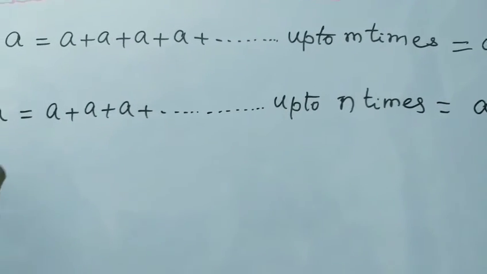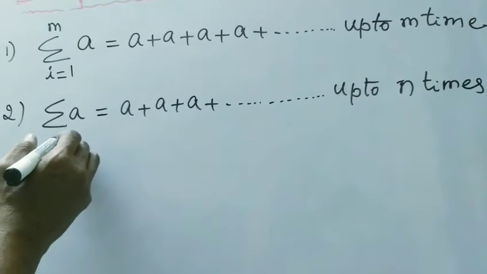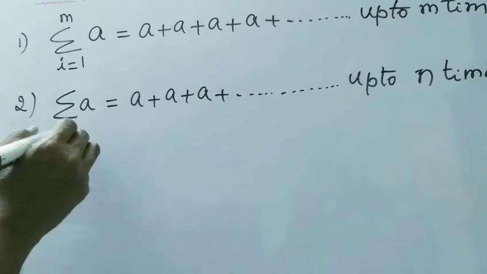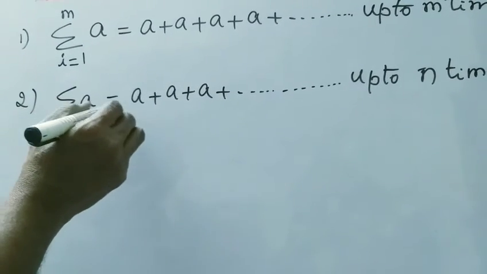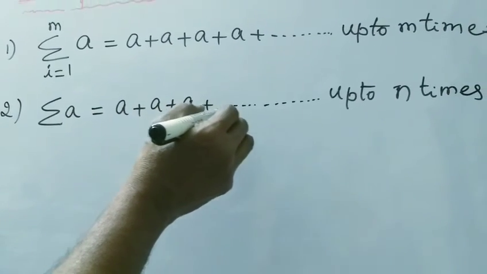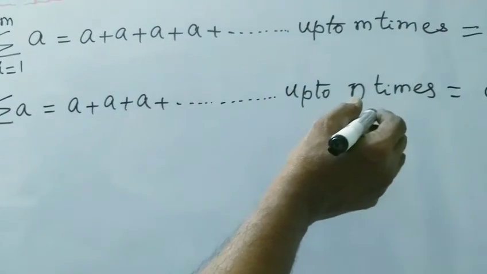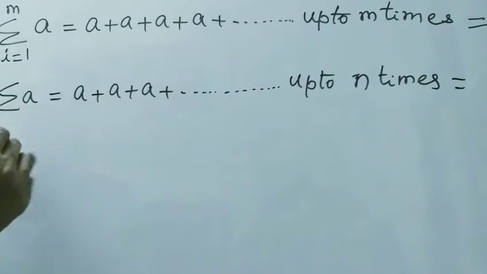In this we have to discuss some more examples. So summation of a is equal to a plus a plus a, and so on up to n times, is equal to an.